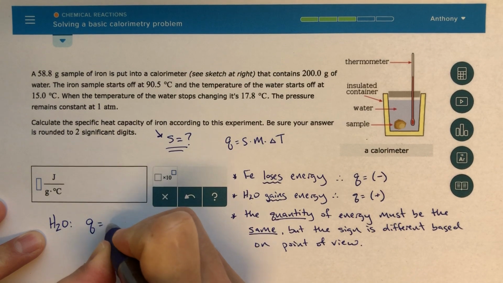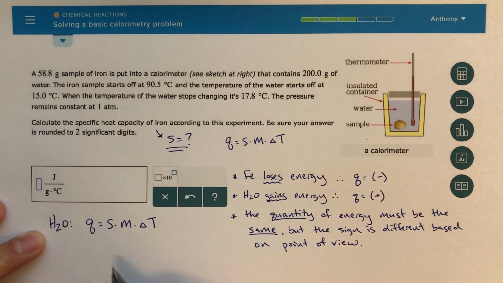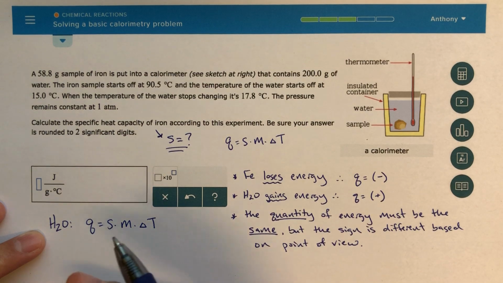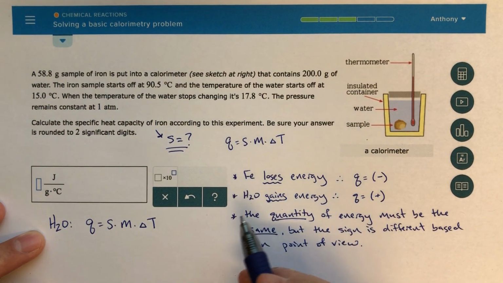what can we do? So if we think about this equation, Q equals S times M times delta T, I'm choosing to use this equation because we're given the mass of the water, and we're given a delta T, a temperature change. For water, we know that the specific heat is 4.184. So we have all the information that we need to calculate the amount of energy that the water would be gaining as it goes from 15 degrees Celsius to 17.8 degrees Celsius.